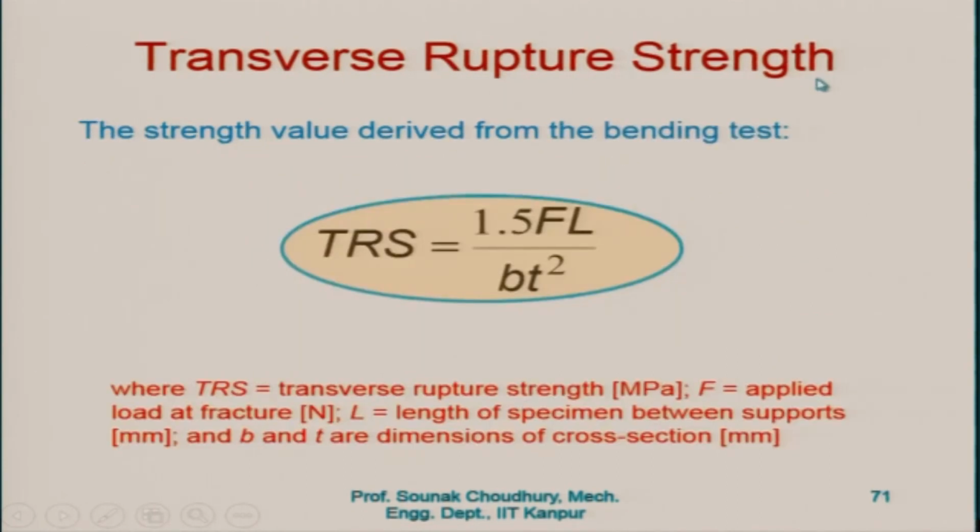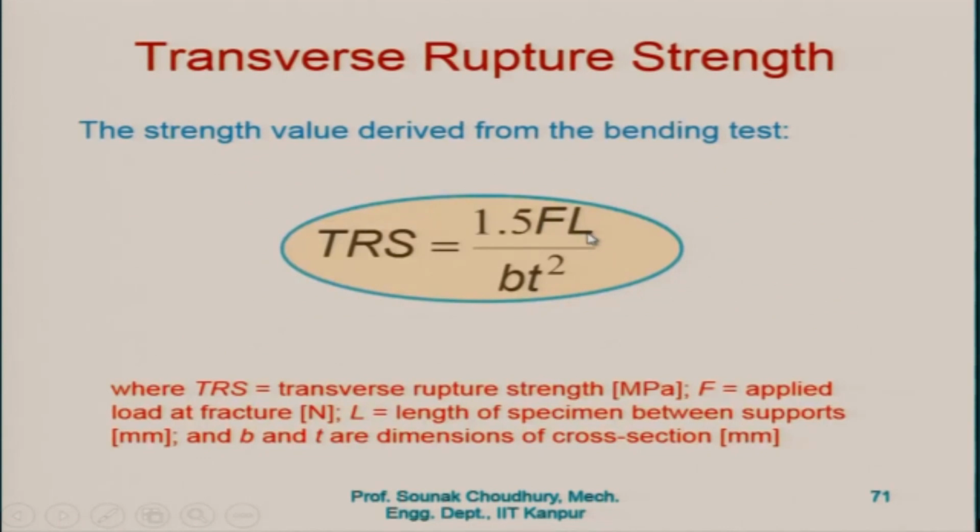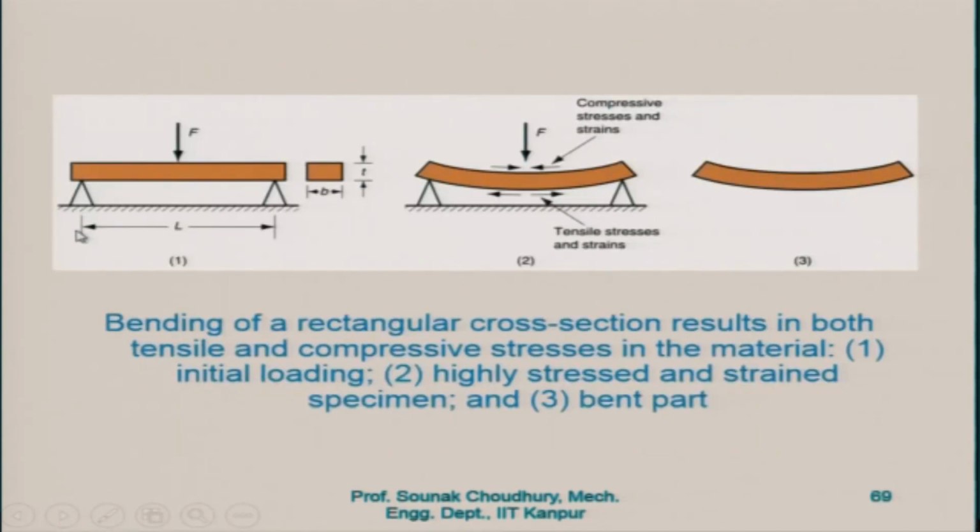Transverse rupture strength is the strength value derived from the bending test. It is equal to 1.5 F L divided by B T squared. F is the applied load, and L is the length of the specimen, from here to here.